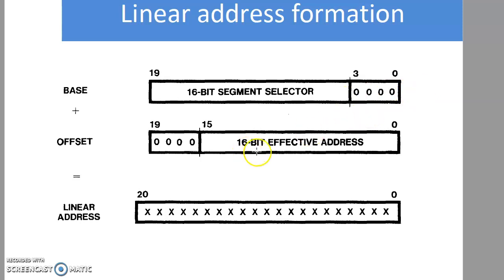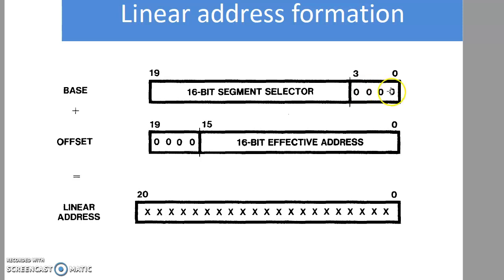To that, the offset is added. The base address has 4 bits appended on the right, and the 20-bit base address and the offset are added to each other to get the linear address. The base address is stored in the segment registers. For the code segment, CS will be the segment register; for the data segment, DS will be the segment register used for storing the base address.